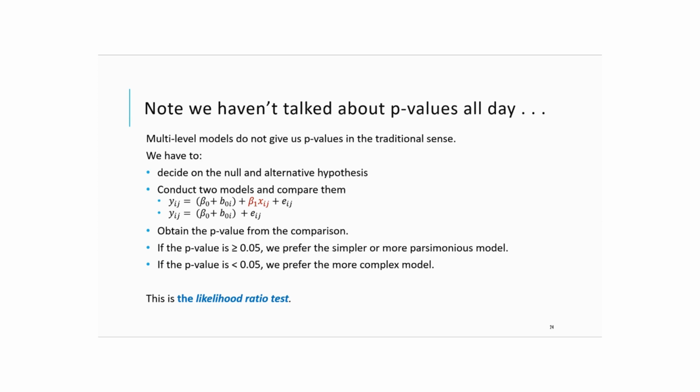That gives you a sense of whether that added predictor is statistically significant. If your p-value is greater than 0.05, you take the smaller model. If it's lesser, you go for the more complex model. And this is called the likelihood ratio test.